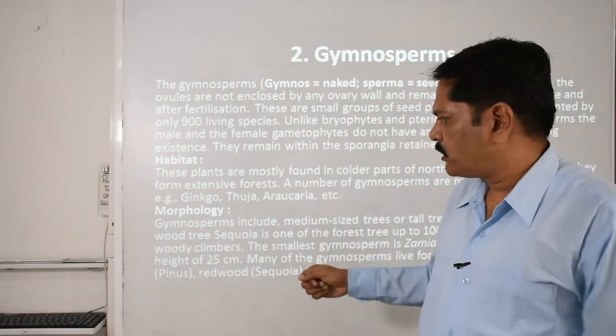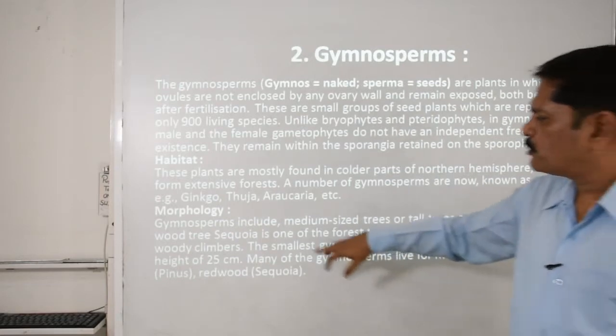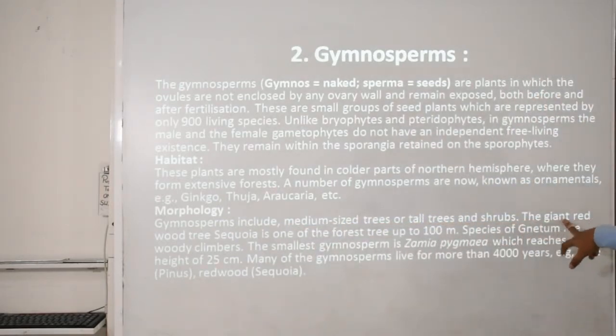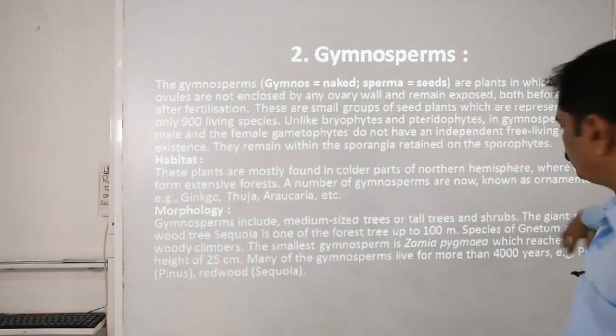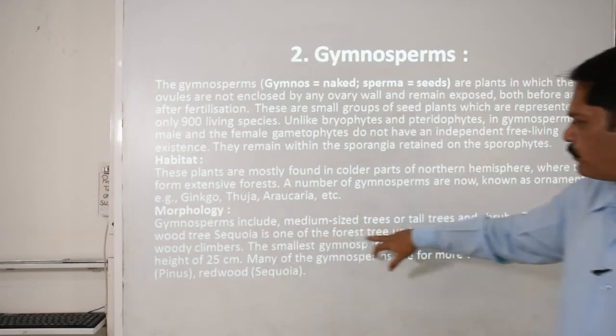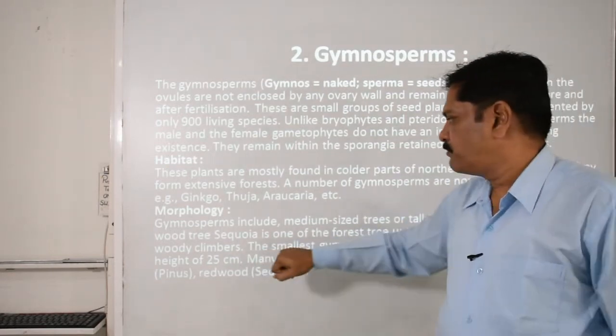Now we are talking about the external features, morphology. Gymnosperms include medium sized trees or tall trees and shrubs, okay, and the giant redwood tree, Sequoia, is one of the forest trees up to 100 meters in size, and the species of Gnetum are woody climbers, okay.